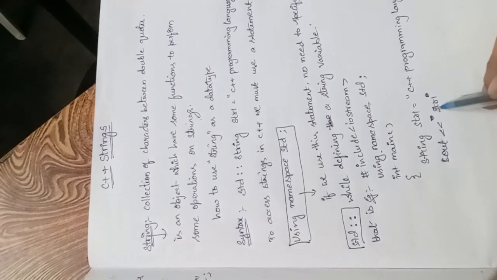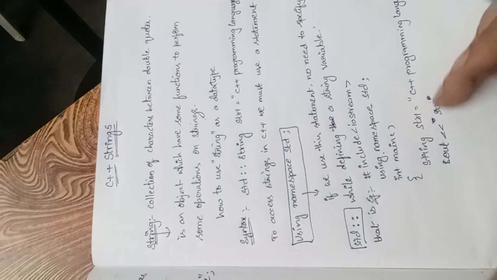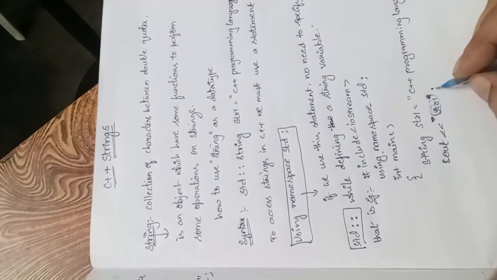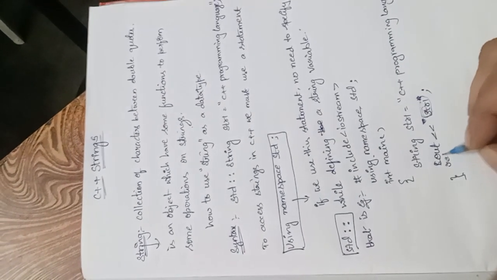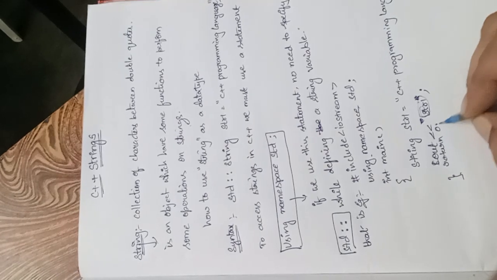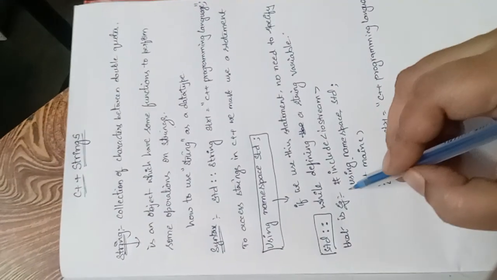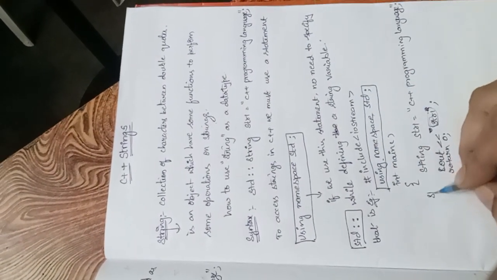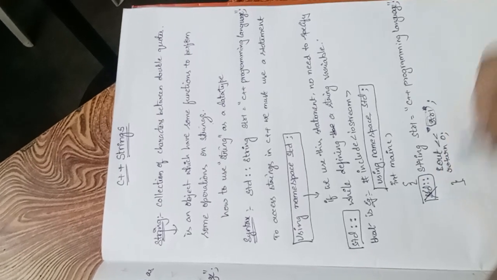For the variable we must not put any quotations. If you put the quotations, only that text will appear on the screen. A semicolon, and return 0. Okay, like this. If you specify this, no need to put the std scope resolution operator.